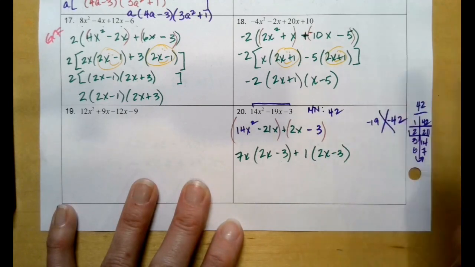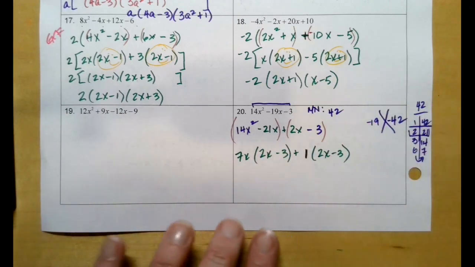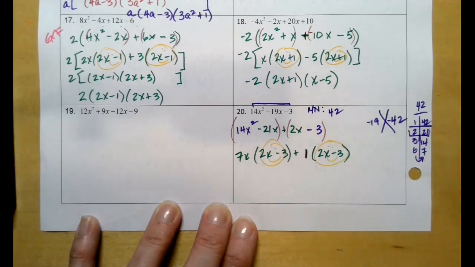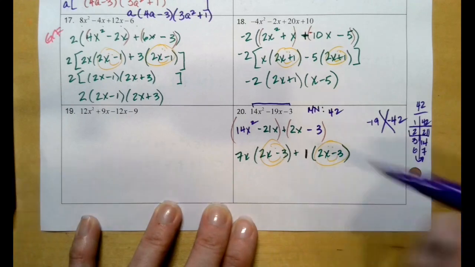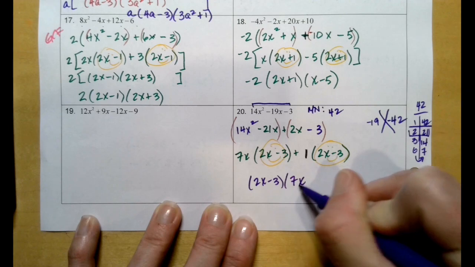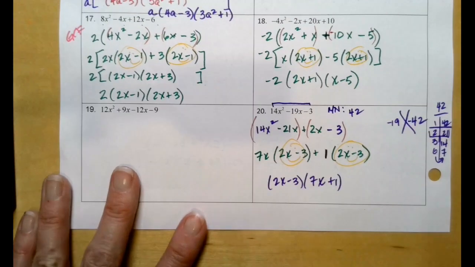But I'm going to use this 1 here as a reminder that when I divide out that happy face, that 1. So let's go ahead and factor out a 2x minus 3, and what am I left with? 7x. I don't know why we skipped this one. Let's go back.